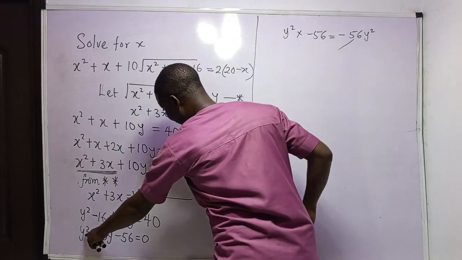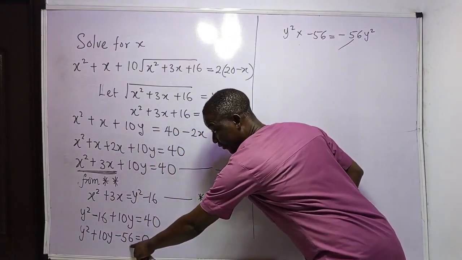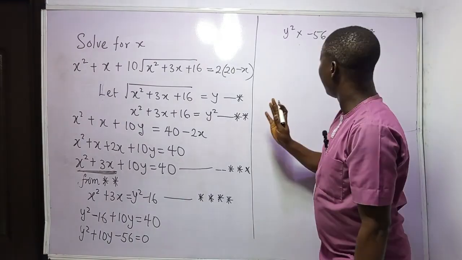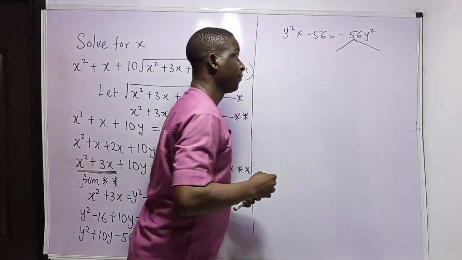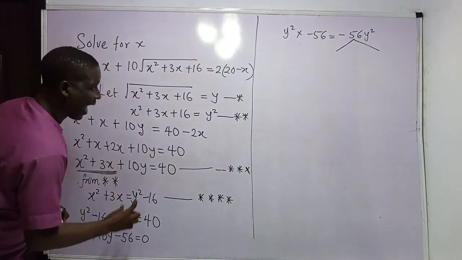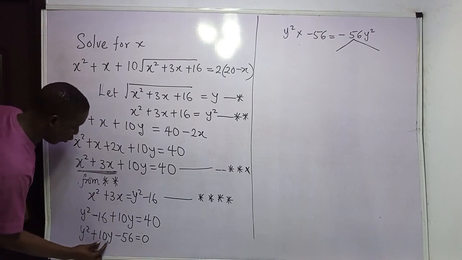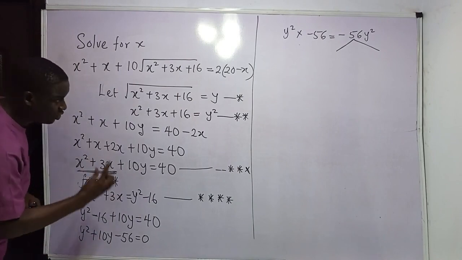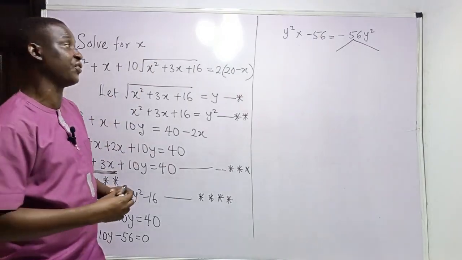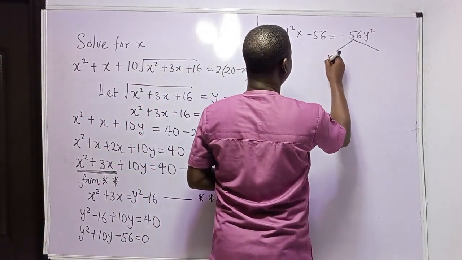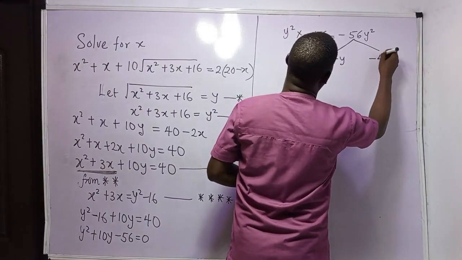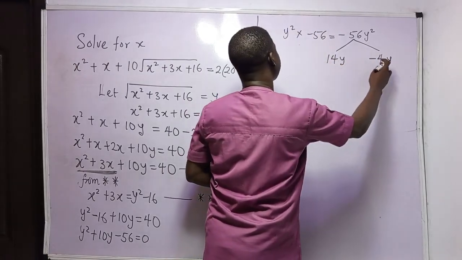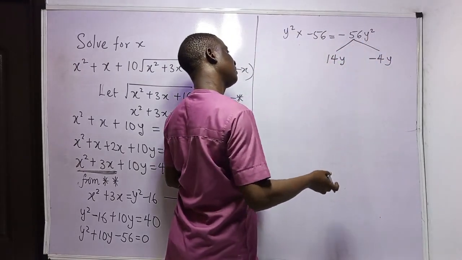Now, we say two possible values you can pick that when you add them together should give you 10y, and when you multiply it should give us minus 56. So I will go with 14y and minus 4y. 14 times 4 is 56.